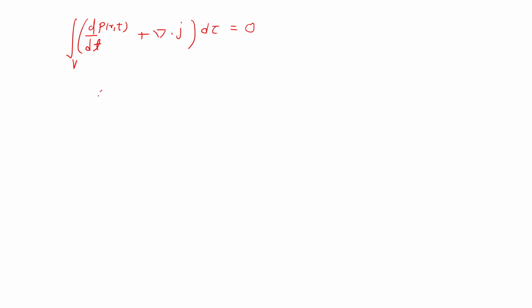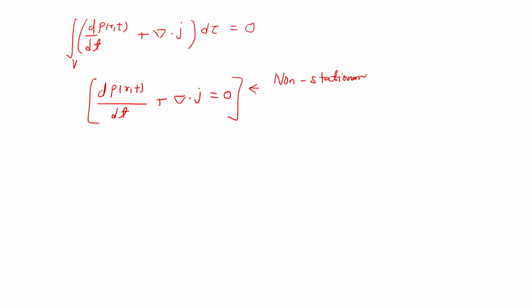So from this we can say dPRT over dt plus del dot J is 0. This will be a non-stationary state. And this equation is called the continuity equation. Everyone knows, a very important equation, the continuity equation.